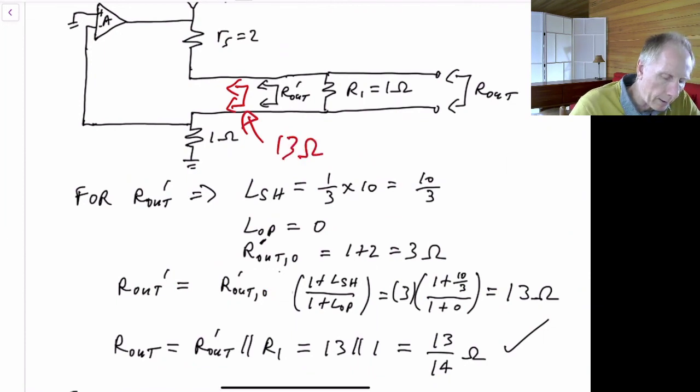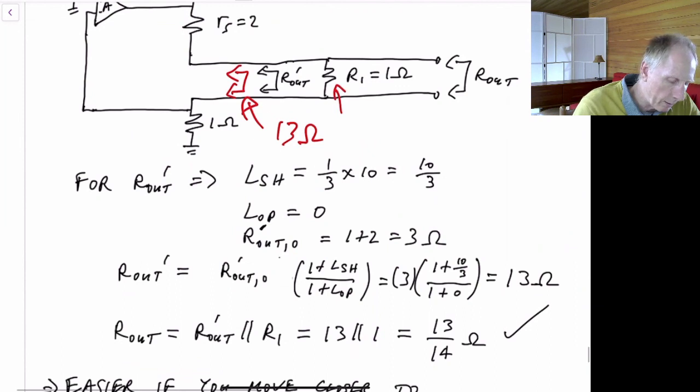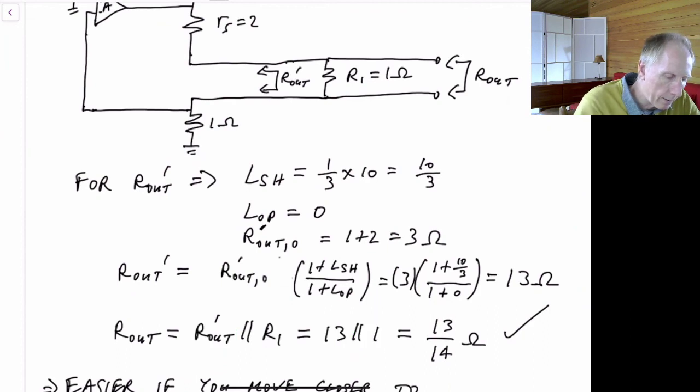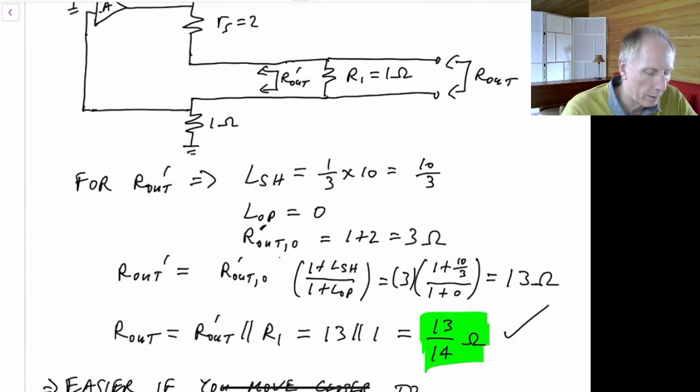That's in parallel with this 1 ohm resistor here. So we have that the actual output impedance is R out prime, which is 13, in parallel with R1, which is 1. And so our final result is 13 over 14 ohms, which is the same as we found in the original example 3.